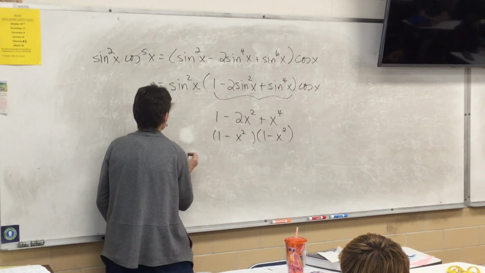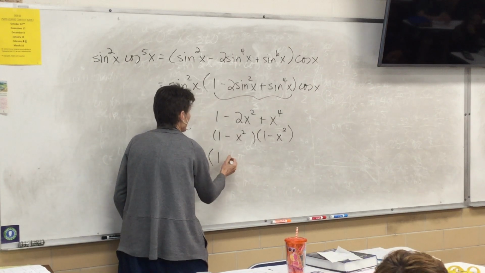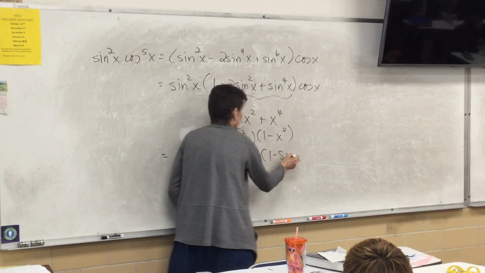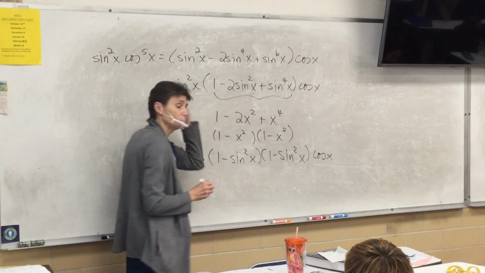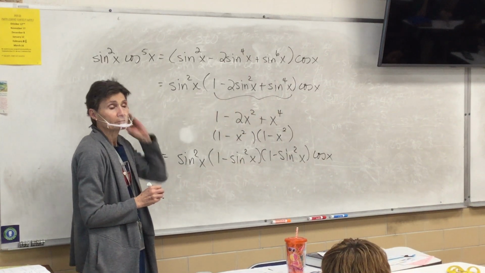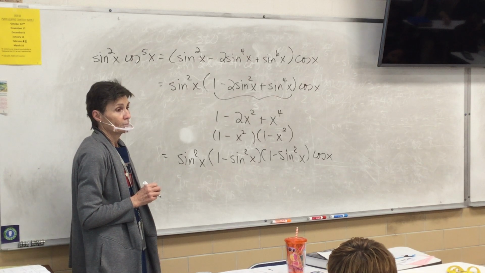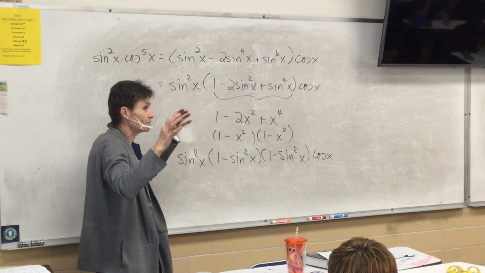So how does the real thing factor? Oh, this is like extra. The real thing factors as 1 minus sine squared times 1 minus sine squared. Ding, ding, ding, there should be like fireworks going off in your head.